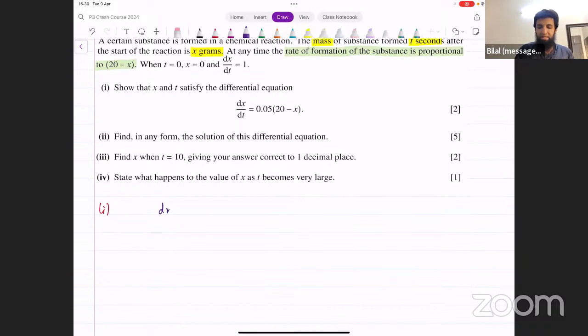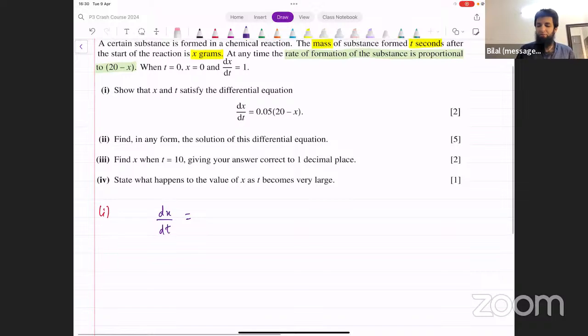We can say dx over dt. That will be the rate at which the mass of the substance is changing. Right? When it's forming, the mass of the substance is going to increase. So rate of formation of the substance is proportional to 20 minus x. So we say dx over dt equals k into 20 minus x. That is what the differential equation is going to be like.